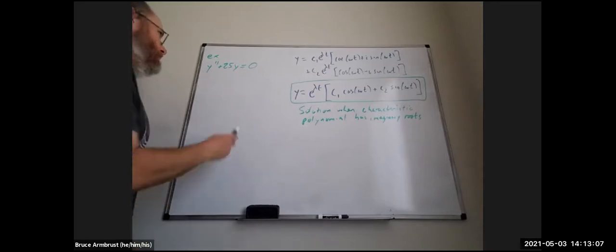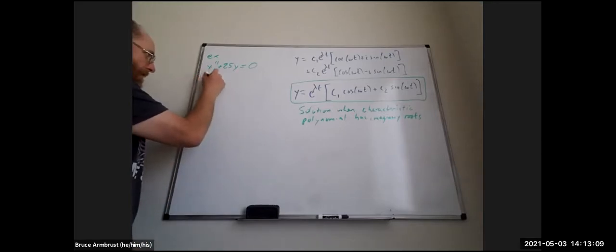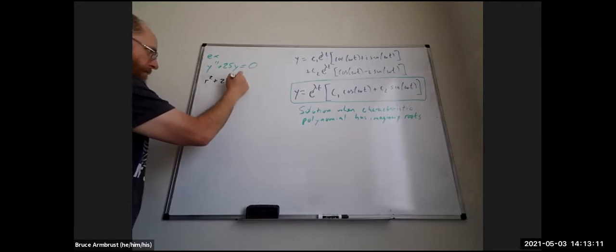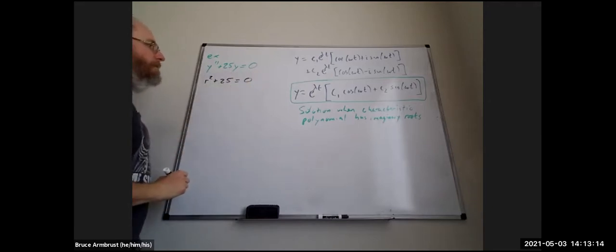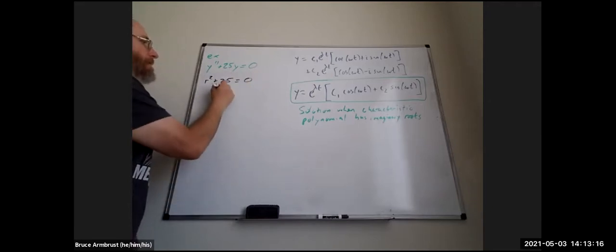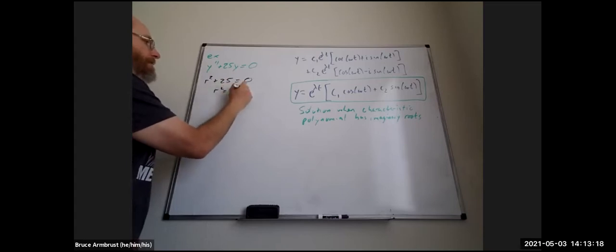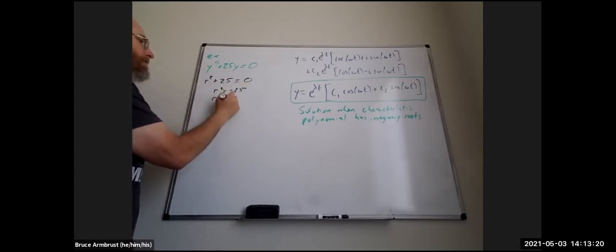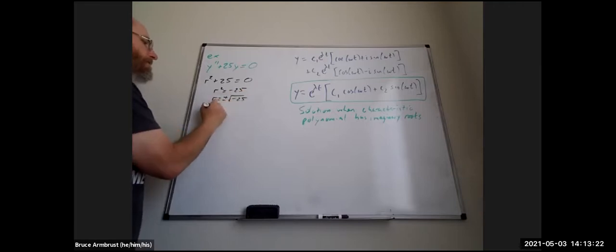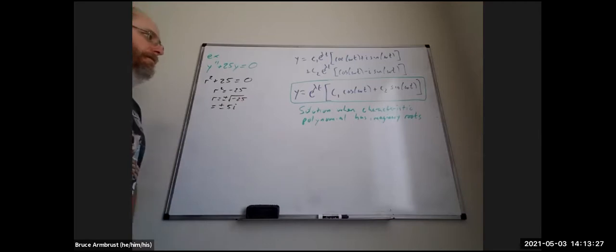So we make our polynomial, and we get r squared plus 25 equals 0. This one, I'm just going to go ahead and solve for r. So r is plus or minus the square root of negative 25, which is plus or minus 5i.